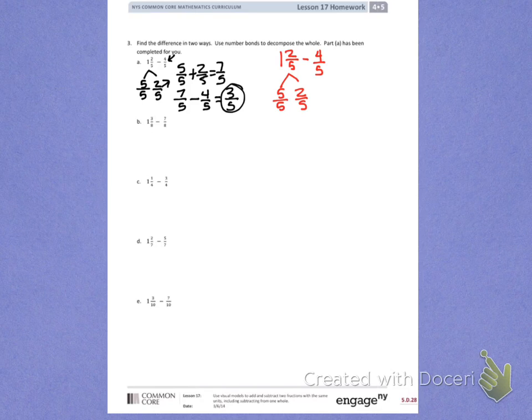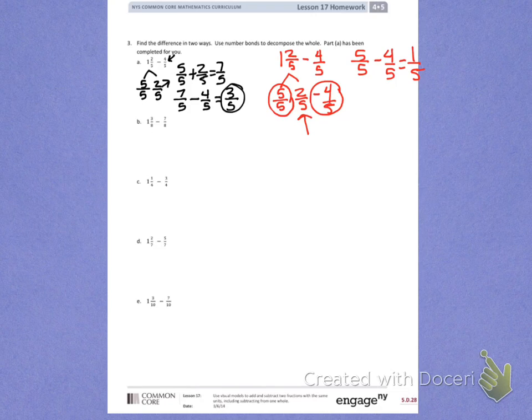But we still have our minus 4/5. So I can take my 5/5 and subtract off my 4/5. I'm going to do that off to the side. And that's going to leave me with 1/5.